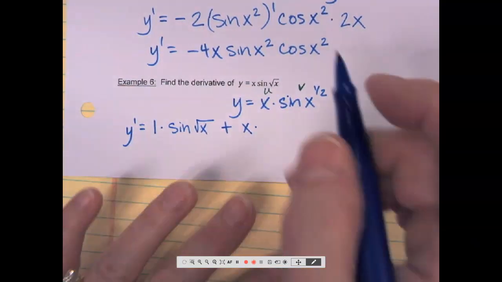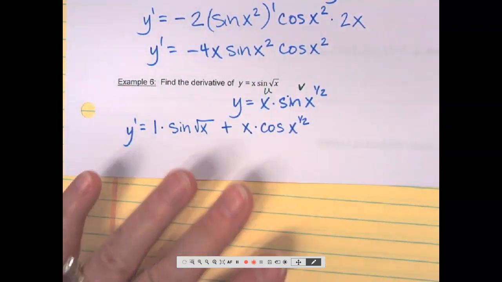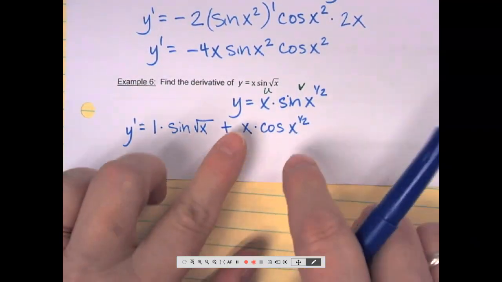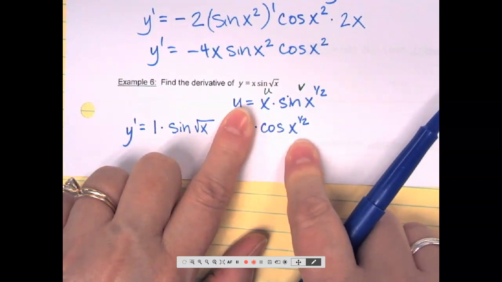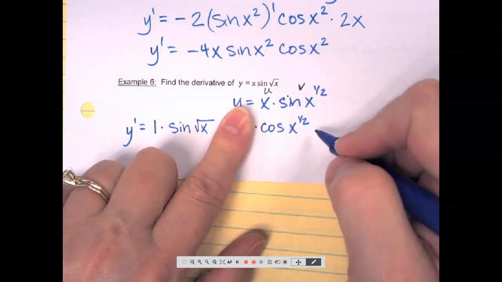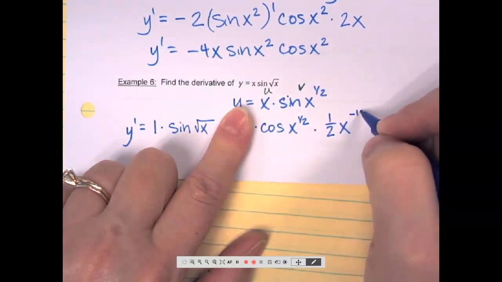Cosine x to the 1/2. Okay. Let me finish this out and then I'll explain why it's not what you said. I'm doing V prime, so derivative of sine is cosine. But now I have to also take the derivative of x to the 1/2. 1/2 x to the negative 1/2.